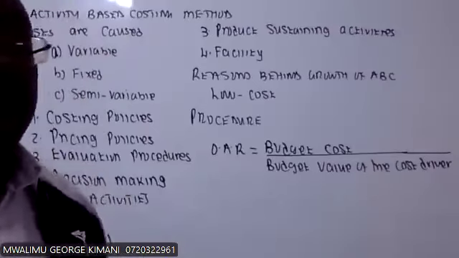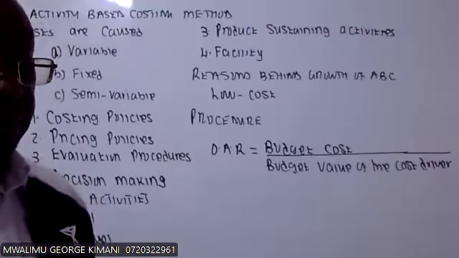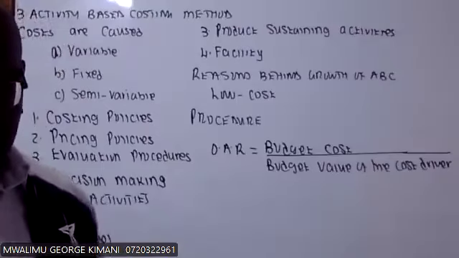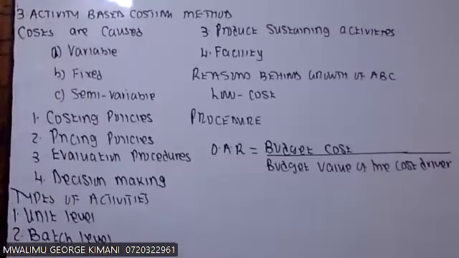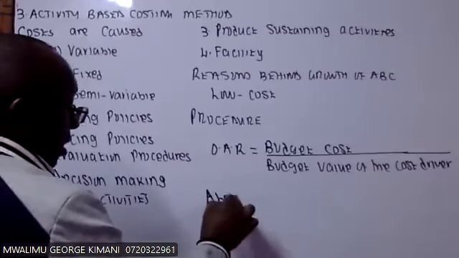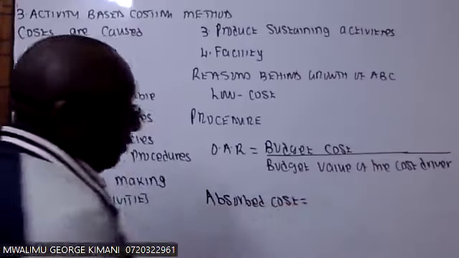And step number 5 is compute the absorbed costs. And you write this formula.